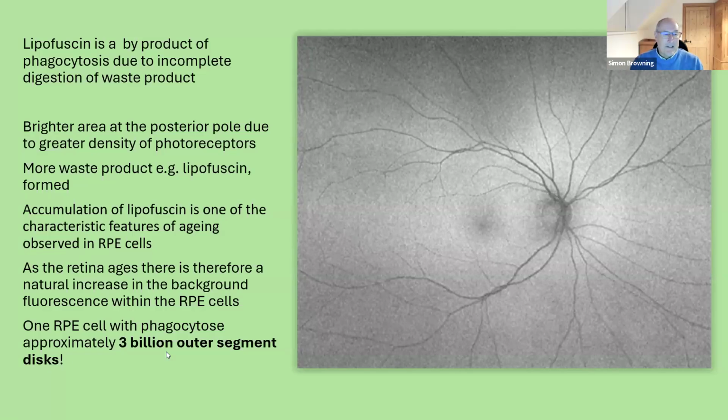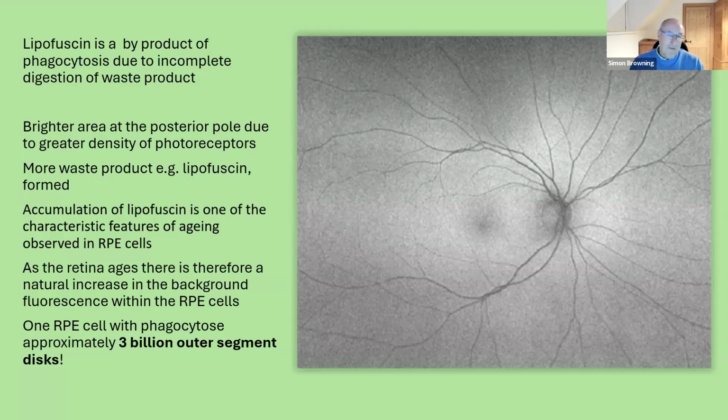And I've thrown this little statistic in at the bottom. I love the odd statistic, but one retinal pigment epithelial cell will, throughout its life, phagocytose approximately 3 billion outer segment discs. That's quite some figure.